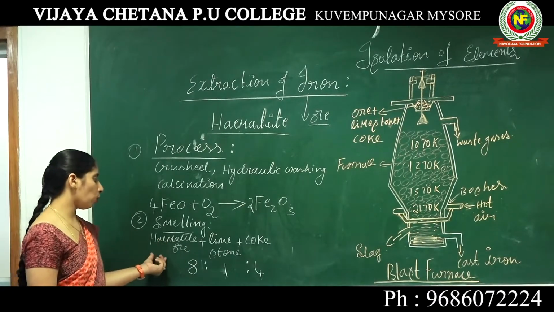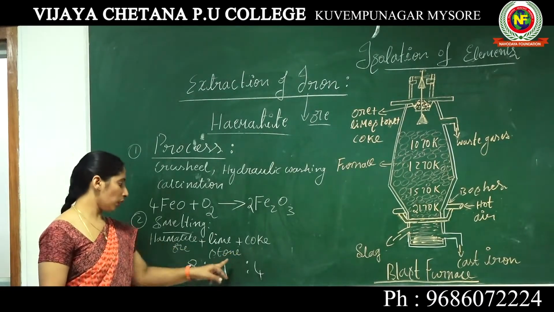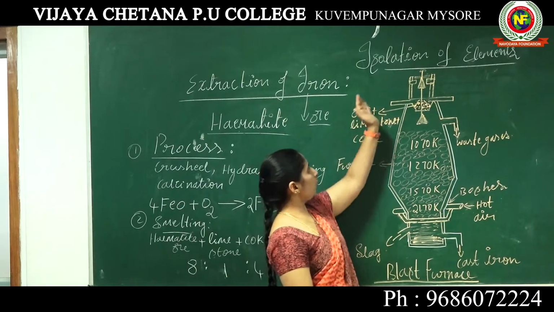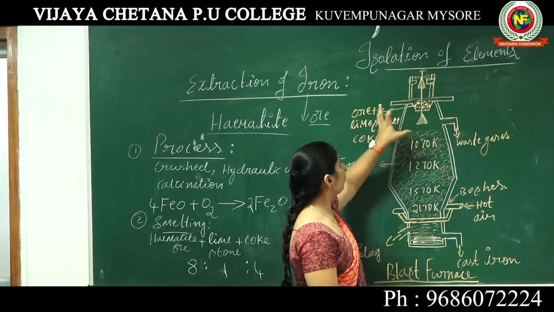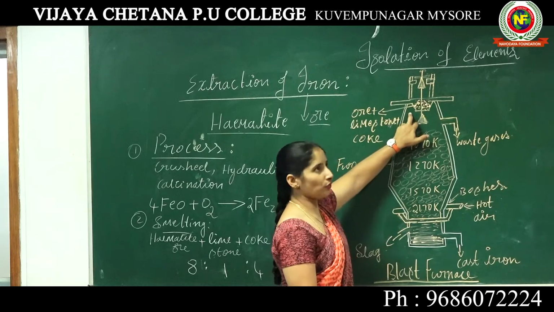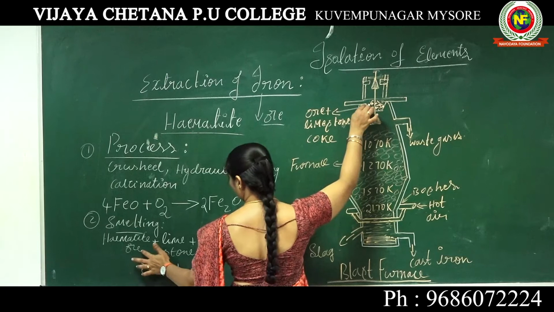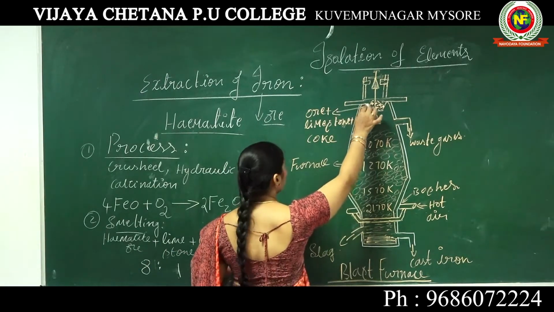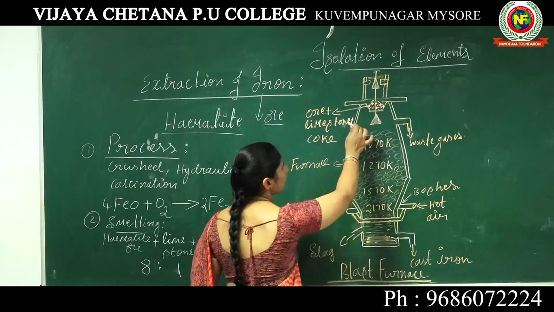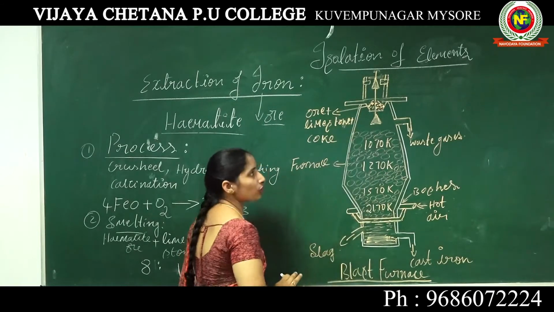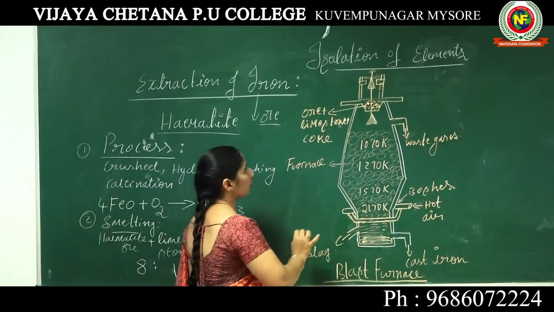So now I am introducing this mixture of hematite ore, limestone and coke inside the blast furnace in the ratio of 8:1:4.